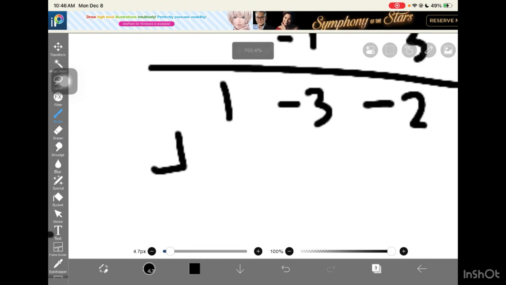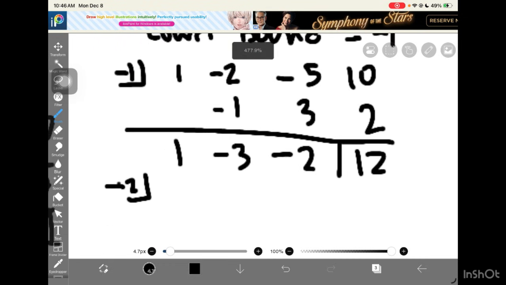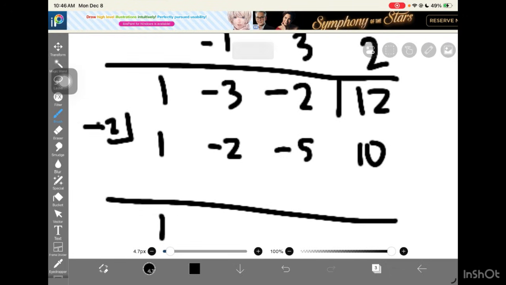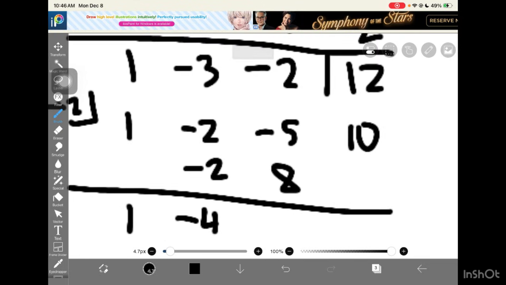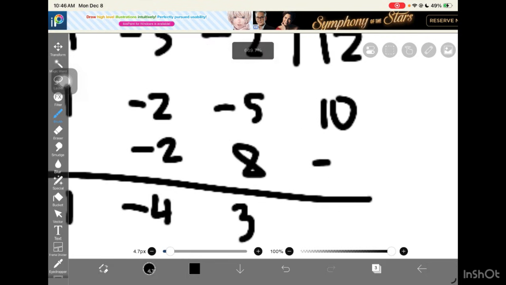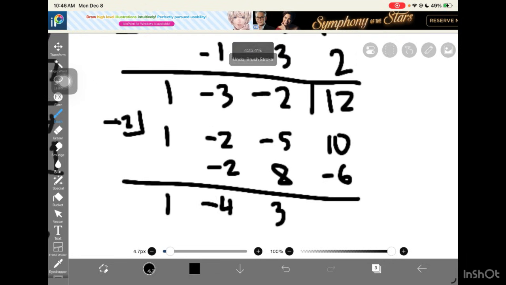Let's try negative 2 instead. So 1, negative 2, negative 5, and 10. 1 times negative 2, negative 2. Negative 2 plus negative 2, negative 4. Negative 4 times negative 2, 8. Negative 5 plus 8, 3. 3 times negative 2, negative 6.